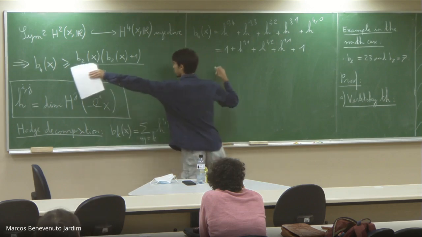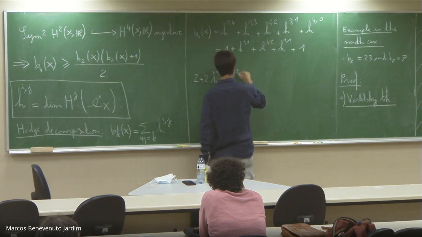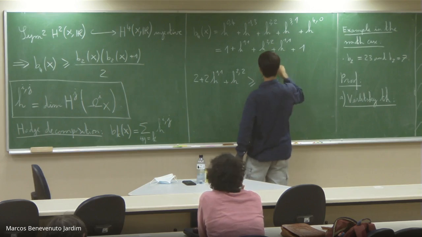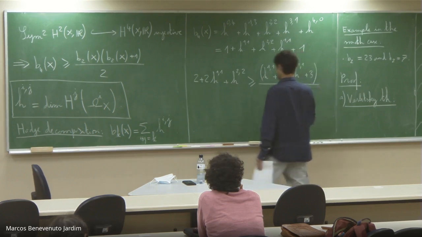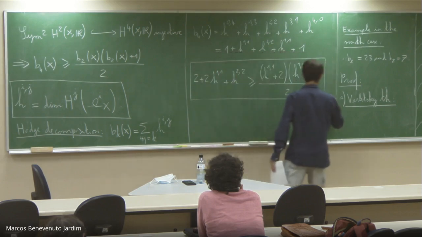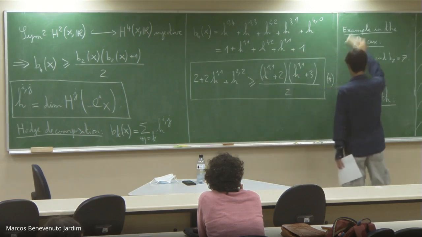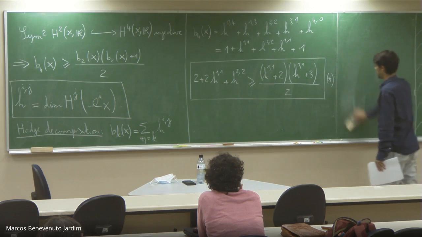So we can rewrite this here. We will have 2 plus 2 times h11 plus h22 bigger or equal to h11 plus 2 times h11 plus 2 over 2. This is our first equation, which I will call star.